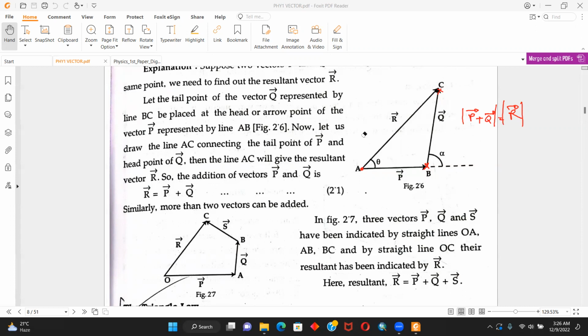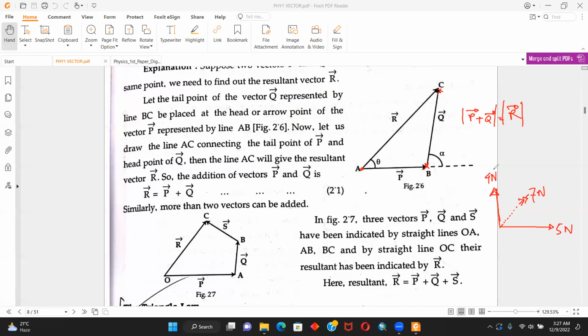Now, let me clarify it to you. Say I am pulling a particular thing with 4 Newton in this direction, and another person is pulling it with 5 Newton in this direction, and I am saying that if anybody pulls the rope in this direction with 7 Newton, the results will be equal.